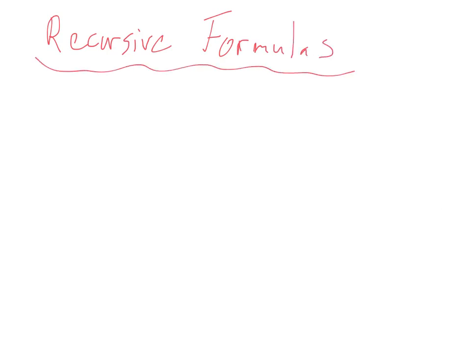So the next big thing we're going to talk about is, we've defined our sequences entirely in terms of n, right? But sometimes we want what we call recursive definitions of a sequence. This is a concept, actually, for those of you taking computer science with me, that we're going to see a lot in computer science: the idea of a recursive formula. So we assign a value to the first term in a recursive formula.